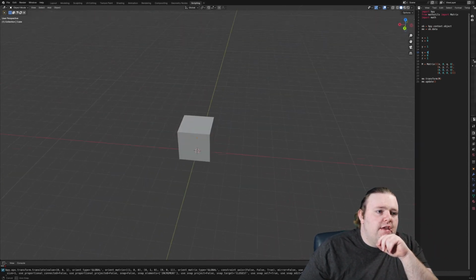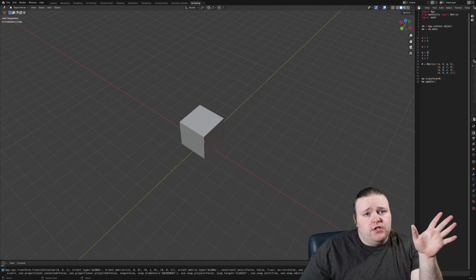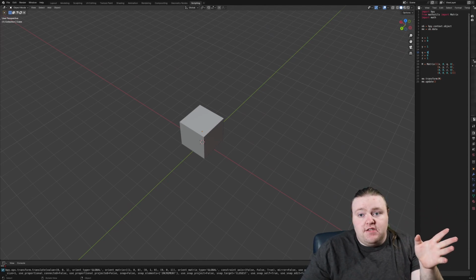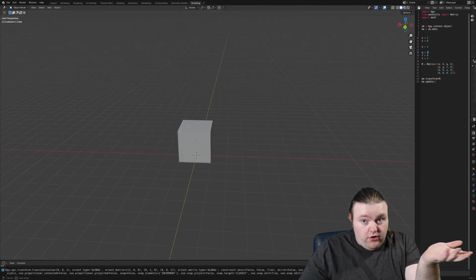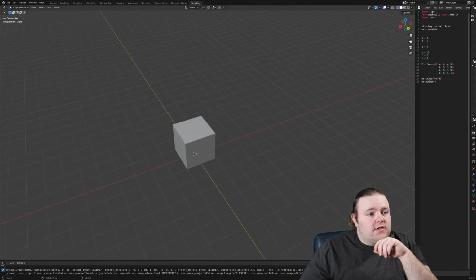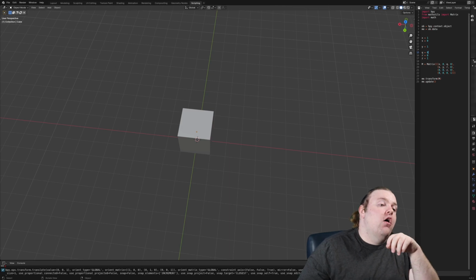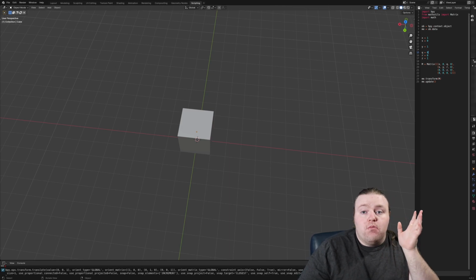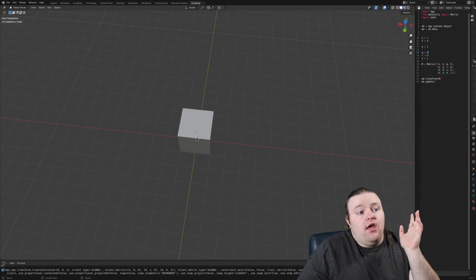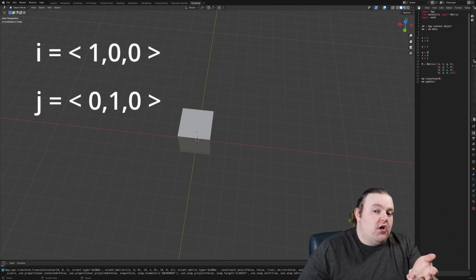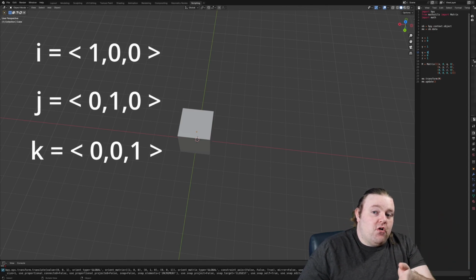So if we have a printer, it is inherently a transformer. We have a set of bases that we work with in Blender here, where we are expecting I, J, and K, or I hat, J hat, and K hat, which are the orthonormal basis vectors that we work with every day. That's 1, 0, 0, 0, 1, 0, and 0, 0, 1.